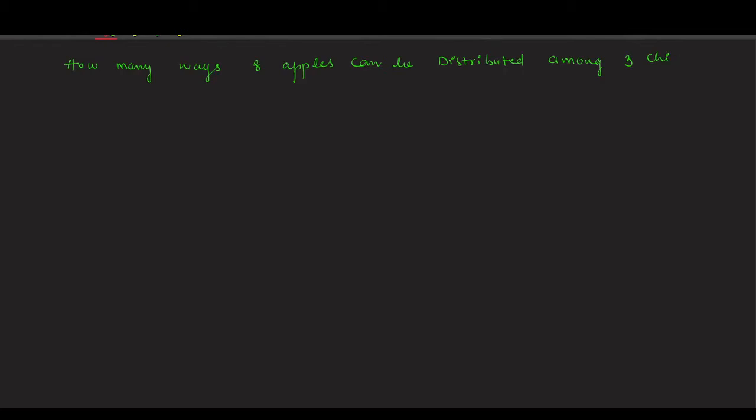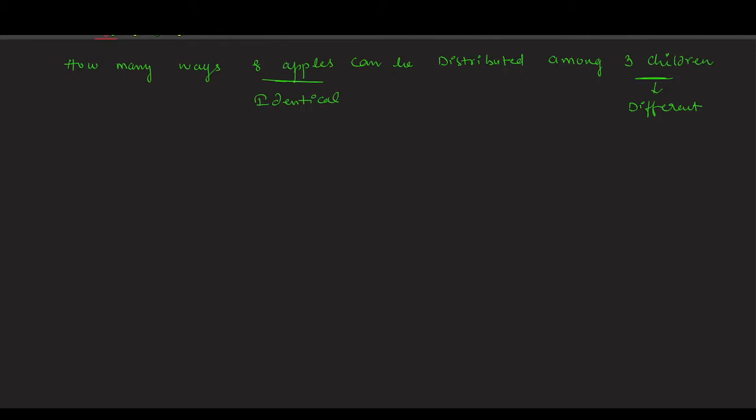Okay, so this is the question. How many ways? A simple basic question actually. We'll see some advanced questions later. How many ways 8 apples can be distributed to 3 children? So here 3 children we'll suppose as different only. There's no doubt in that. And apples are identical. So identical into different.